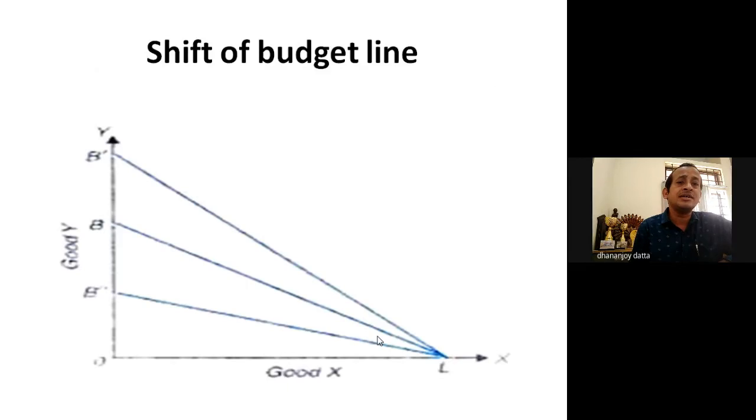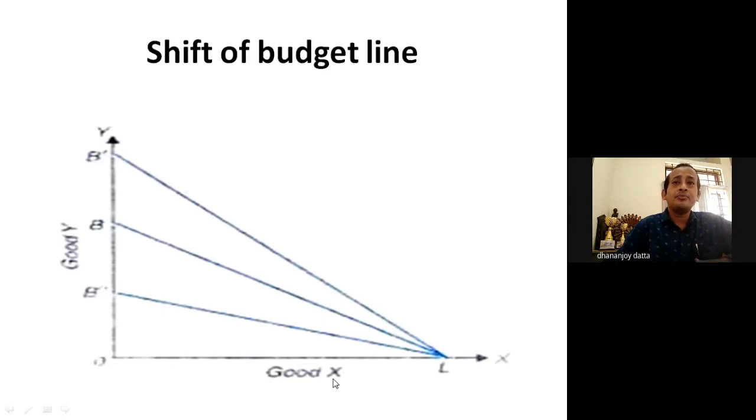Now we are discussing the shift of the budget line. To understand the shift of the budget line, we will take help of another graph where you can see in the y-axis good Y or product Y is mentioned, and in the x-axis good X or product X is mentioned.